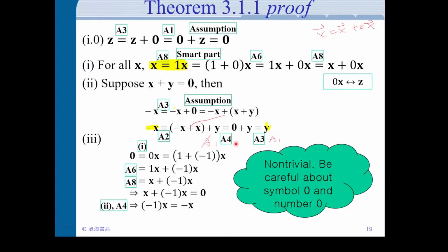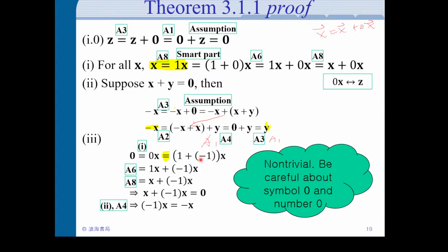We can do this by starting with the first identity, which we proved without proof earlier: 0 equals 0 times x. Now we have the smart move again, where we break 0 into scalar addition. So 0 equals 1 plus minus 1.